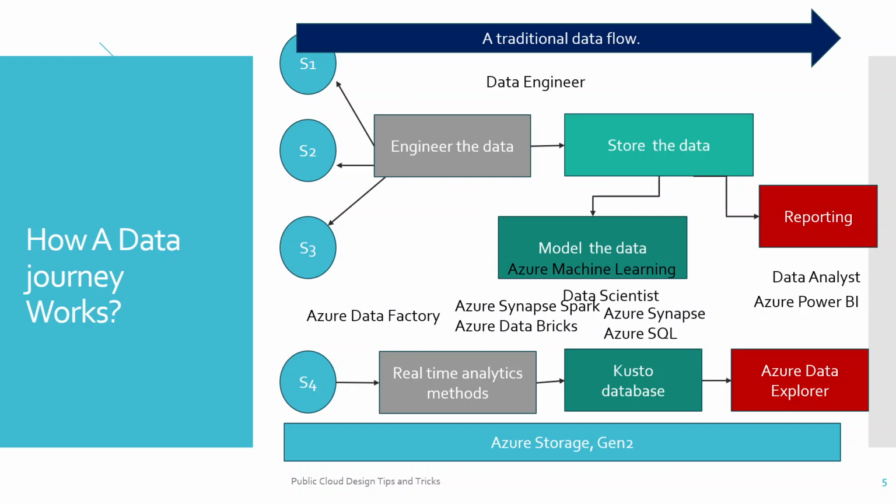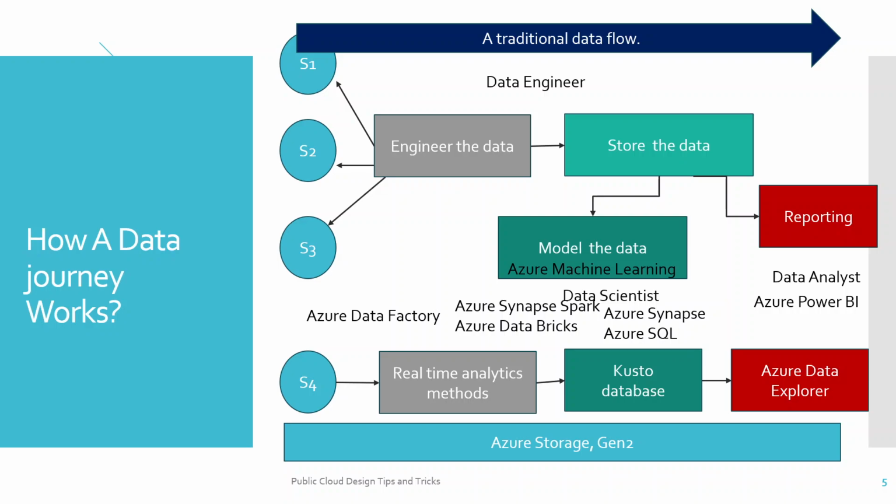So what is data ingestion? There will be an application or a process that will pull out all the data from different data sources, S1, S2, S3, and S4. These are the data sources. And now when you have all the data aggregated to a platform, then you have to engineer the data. What it means is you have to collect all the necessary data and transform it into your required format. So that is about engineering the data.